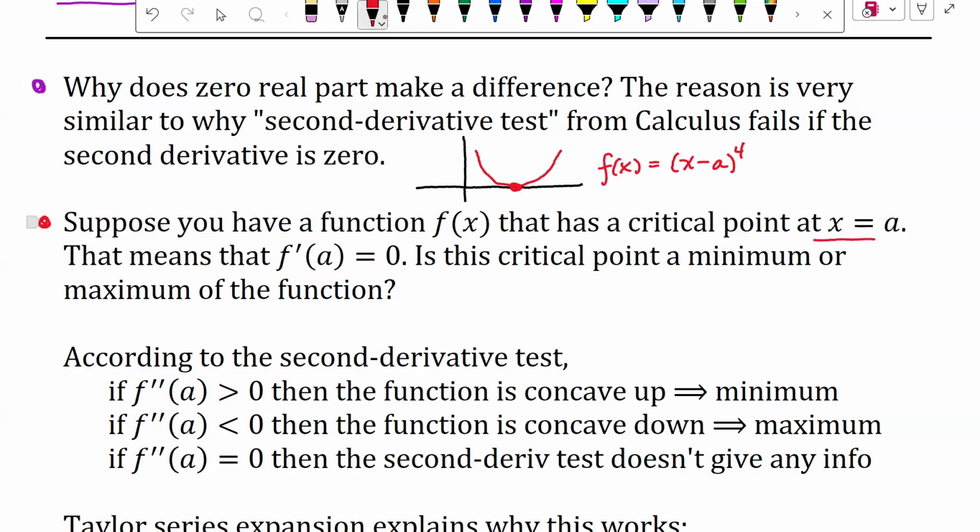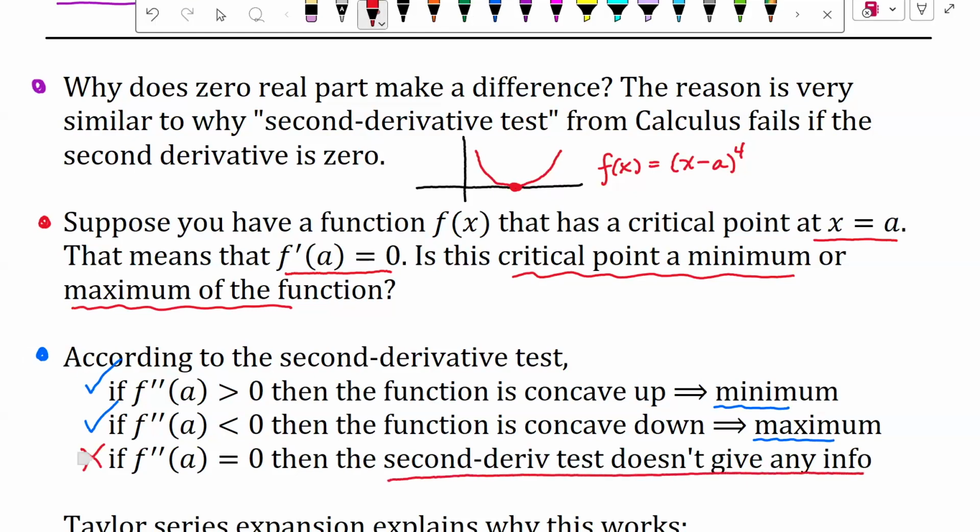The second derivative test is going to give us the answer to that. If the second derivative is positive at the point a, the function is concave up and we have a minimum. If the second derivative is negative at the point a, the function is concave down and we have a maximum. If, however, the second derivative is zero at the point a, we cannot use the second derivative test. It does not give us any information.